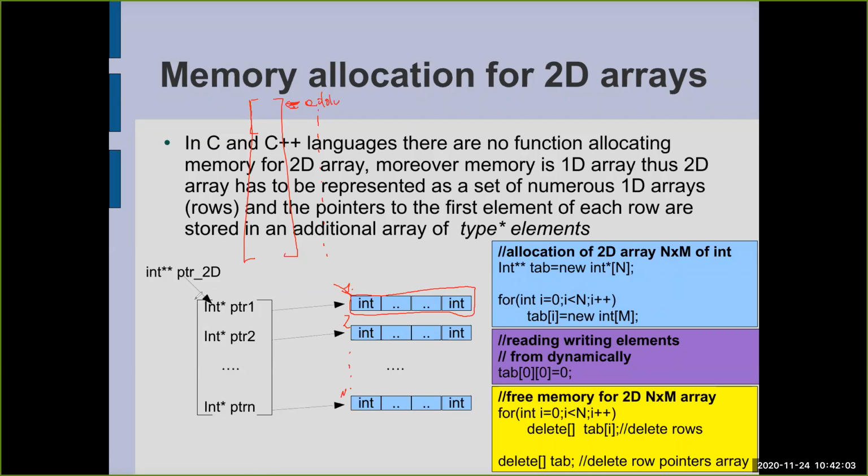So now I create another array which stores addresses of every row. Here I have the address of the first row, the second row, the nth row. Okay.